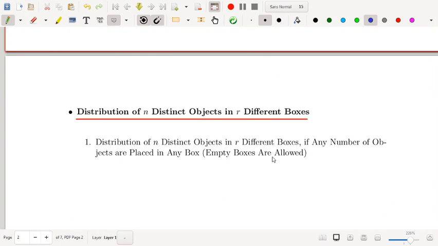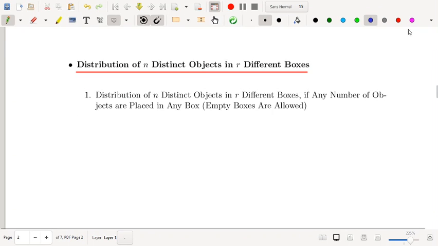Distribution of n distinct objects in r different boxes. So first, look at the first one: distribution of n distinct objects in r different boxes, if any number of objects can be placed in any box, so empty boxes are allowed.